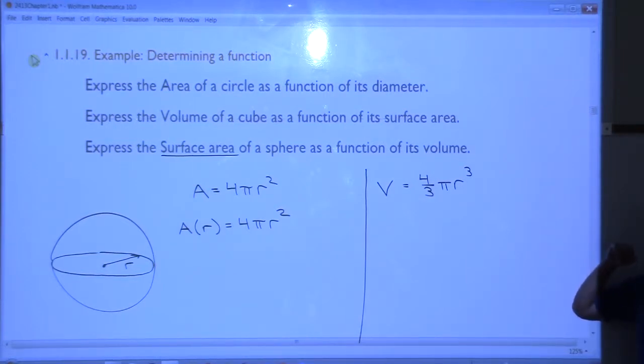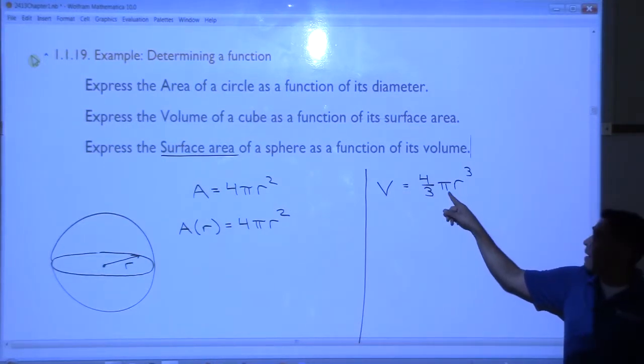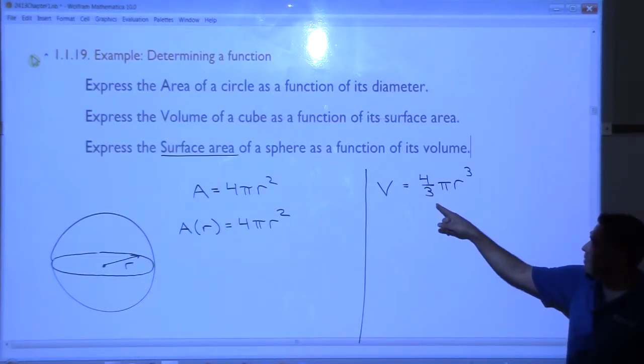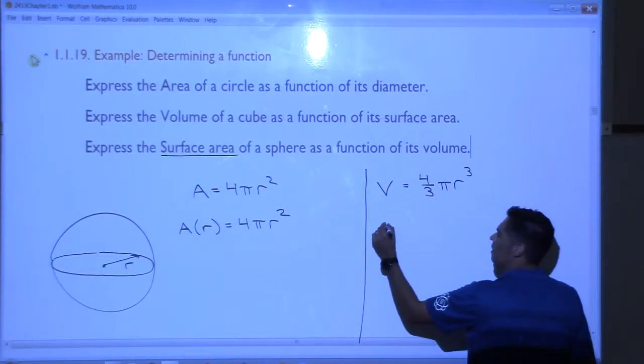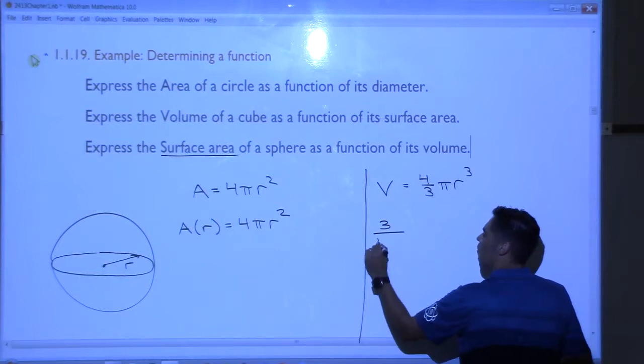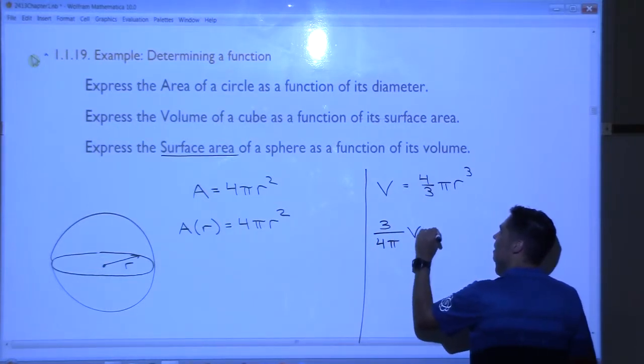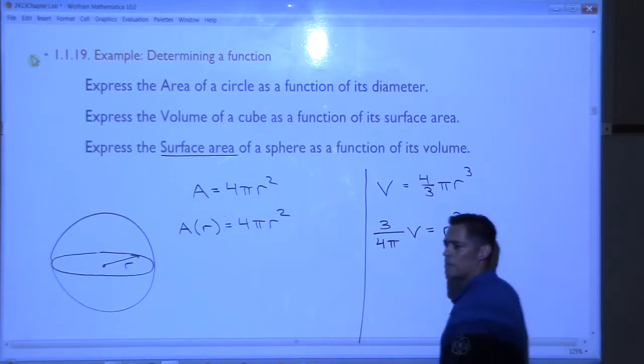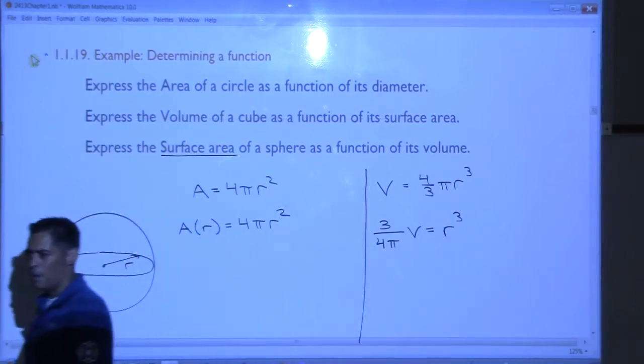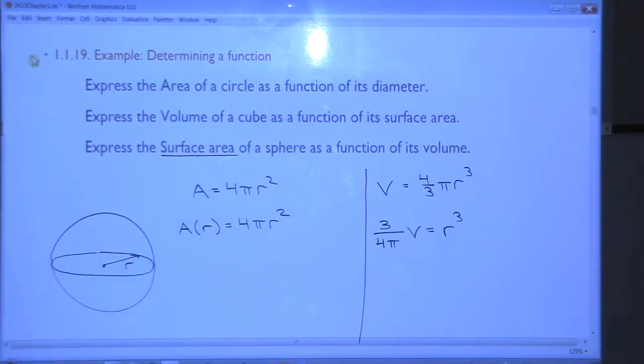How about the pi? Divide both sides by pi, right? So you multiply both sides by 3/4, divide by pi. We're going to get something like this: 3/(4 pi) V equals r cubed. Everyone understand? Multiply both sides by 3/4, divide both sides by pi, and at the end, this is what you get.